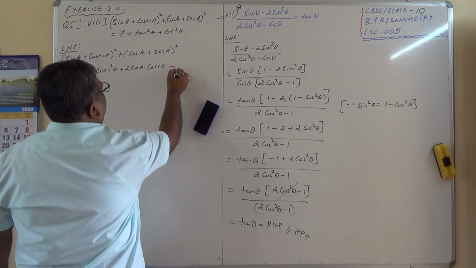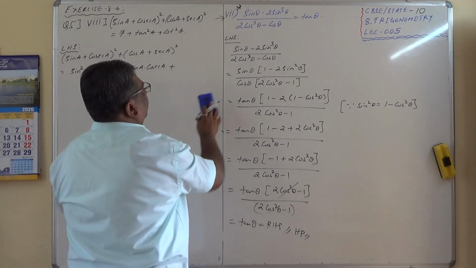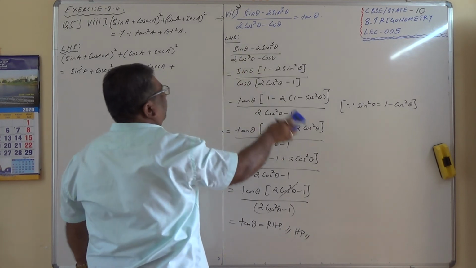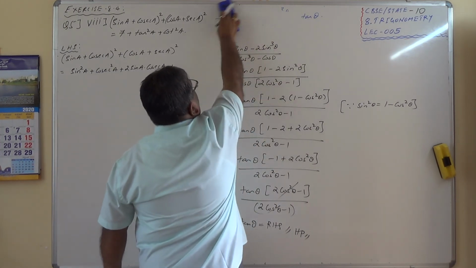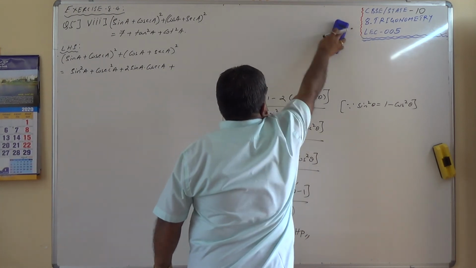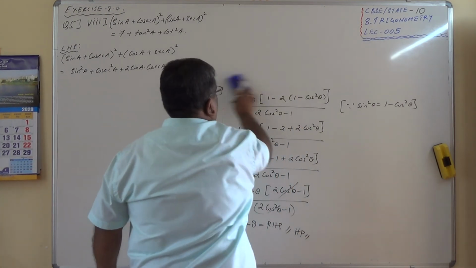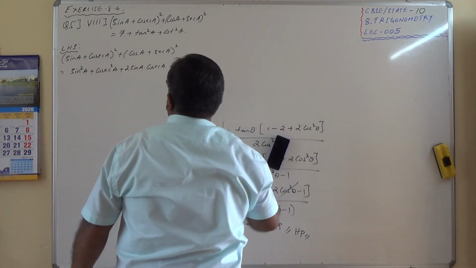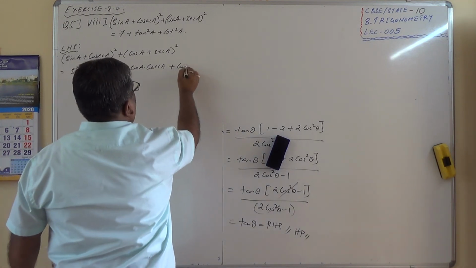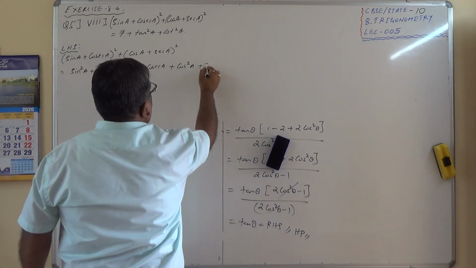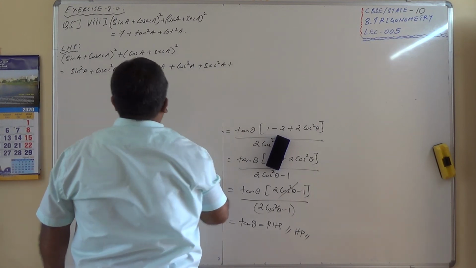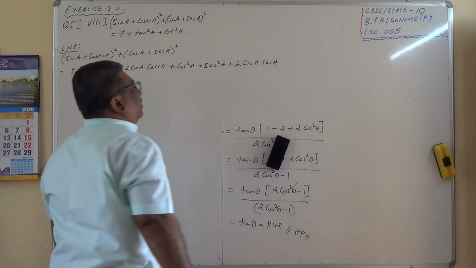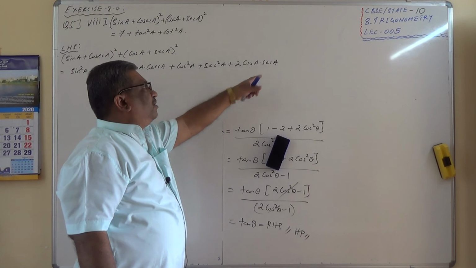Okay, plus cos square A plus sec square A plus 2 cos A into sec A. Cos A into sec A is also 1 because both are reciprocal.